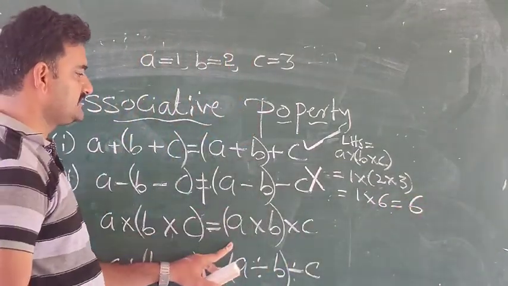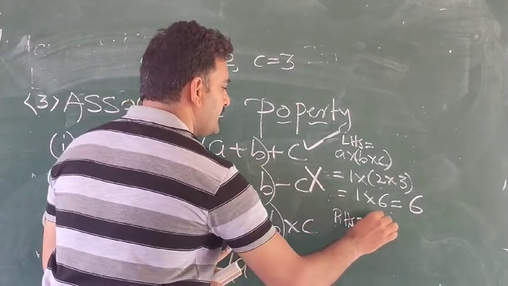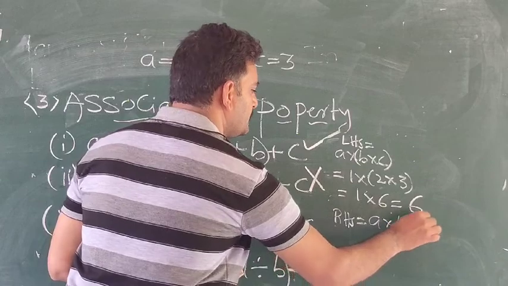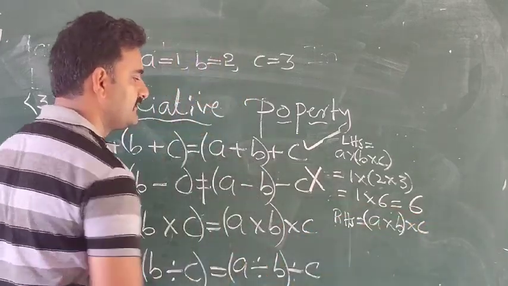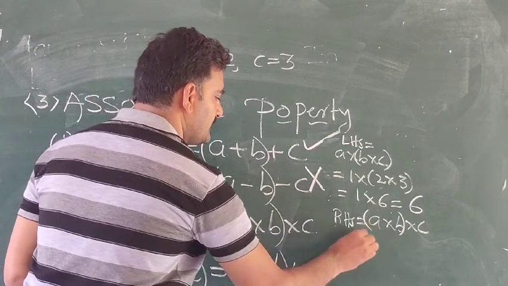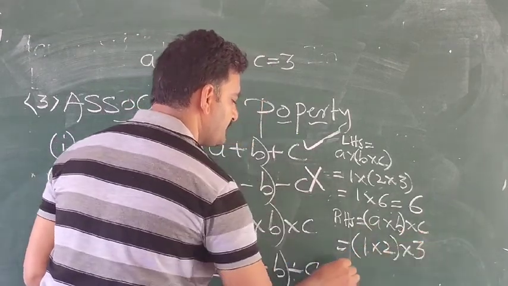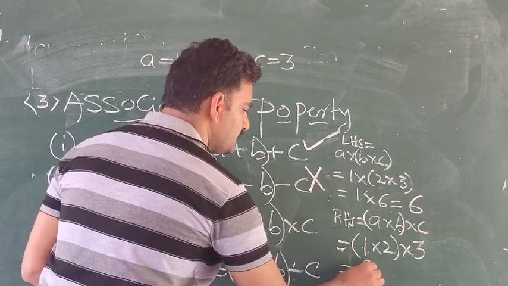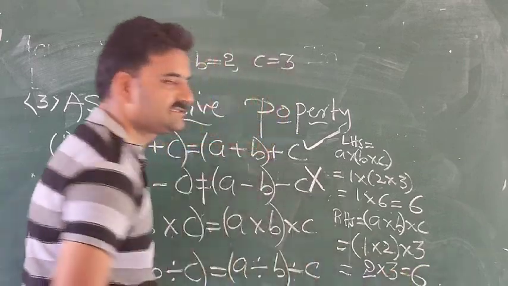Now this one, that is RHS. A into B into C. The bracket is this side. Now A means 1, B means 2, C means 3. 1 2s are 2, 3 as it is. 2 3s are 6.